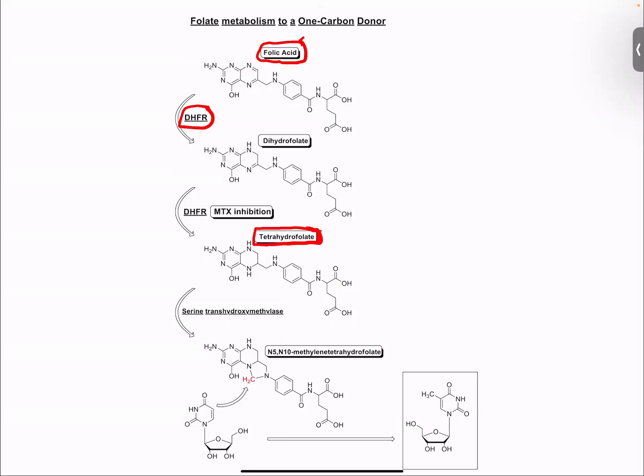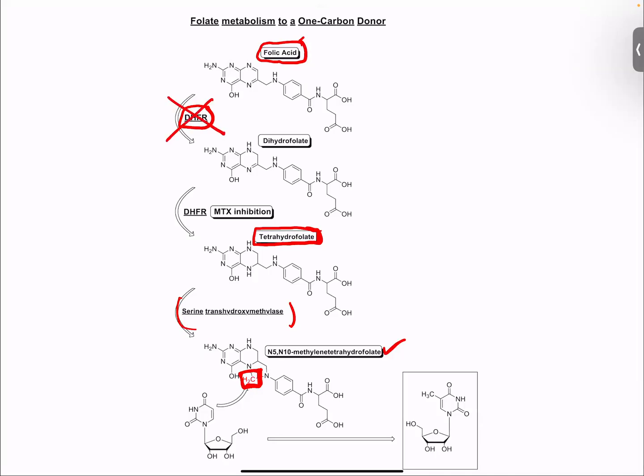And then tetrahydrofolate gets methylated by a hydroxymethylase enzyme to afford us with this intermediate N5,N10-methylene tetrahydrofolate. And then that's the one-carbon donor right here. The carbon between these two nitrogens gets attacked by uridine and the enzyme thymidylate synthase to generate that thymidine, which is used for DNA synthesis in bacteria and in our cells as well.